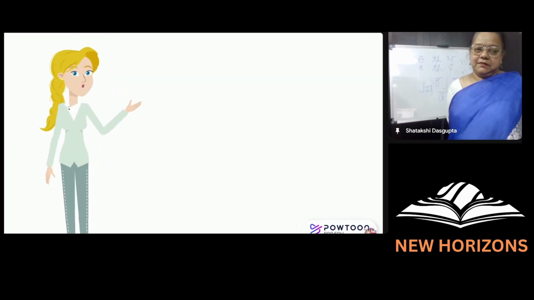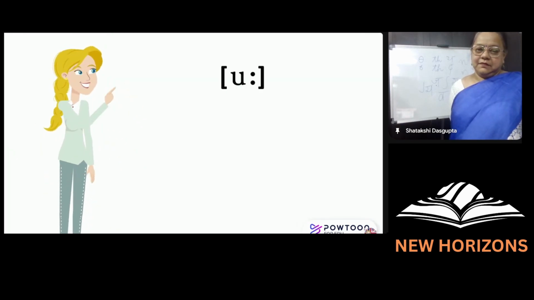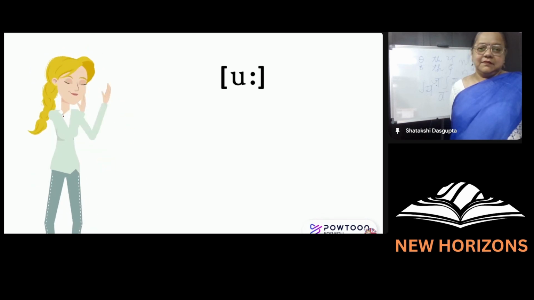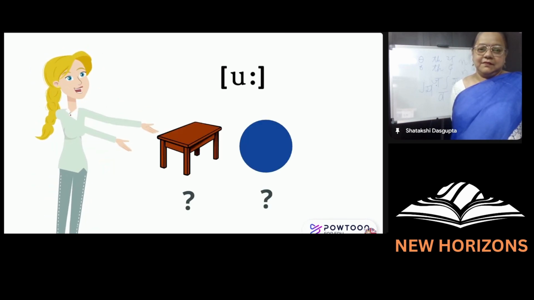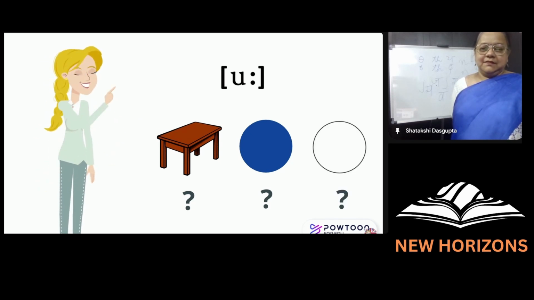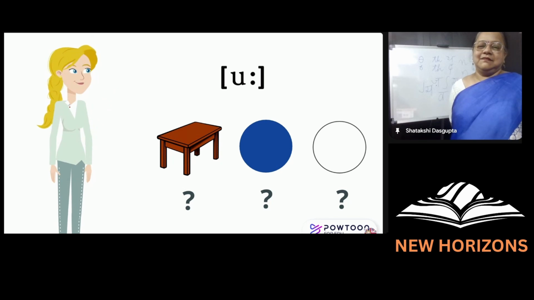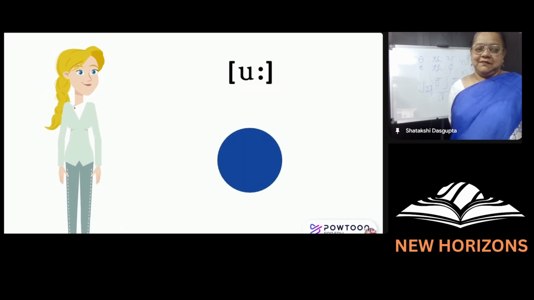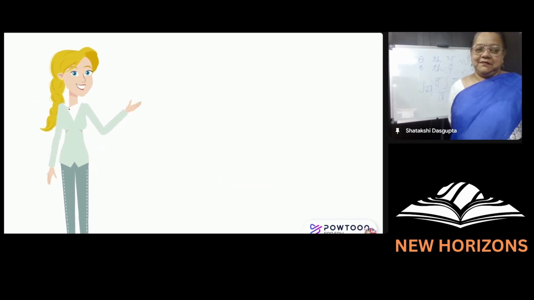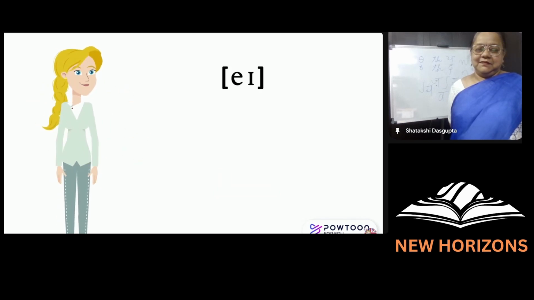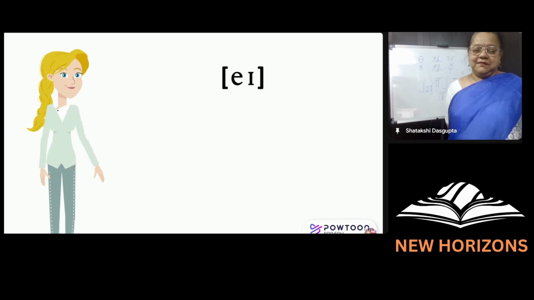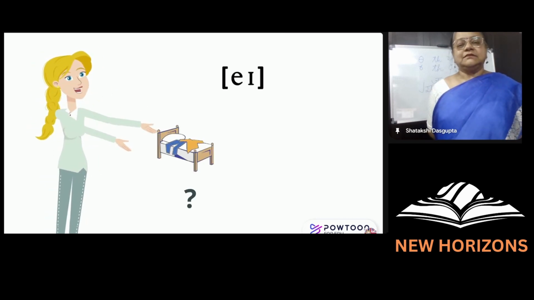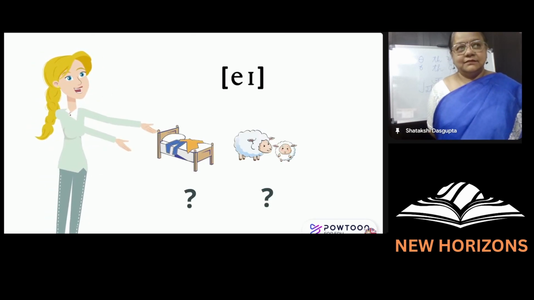Let's play together. Can you find the sound oo? Is it in table, blue, or white? Yes, it's blue. Good job. Can you find the sound A? Is it in bed, sheep, or table?